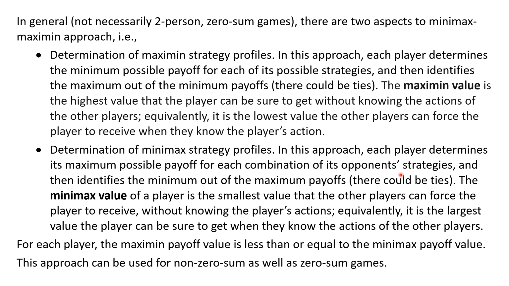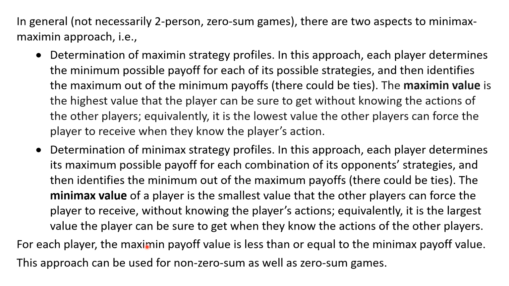There could be ties again. The minimax value of a player is the smallest value that the other players can force the player to receive without knowing the player's actions. Equivalently, it is the largest value the player can be sure to get when they, meaning the player, know the actions of the other players.